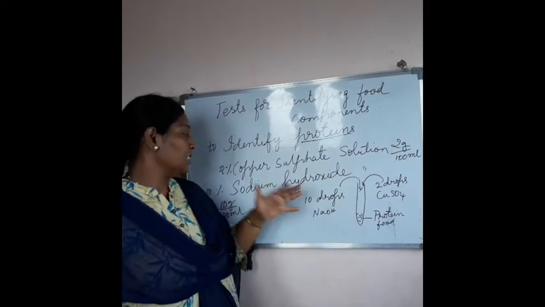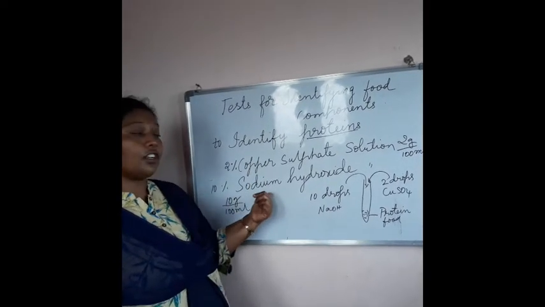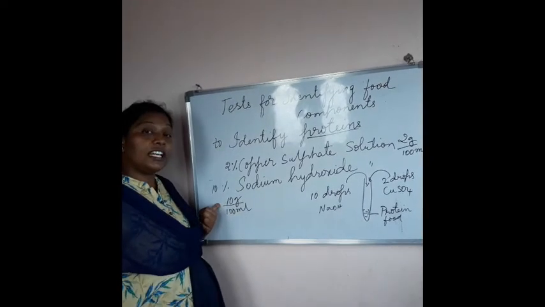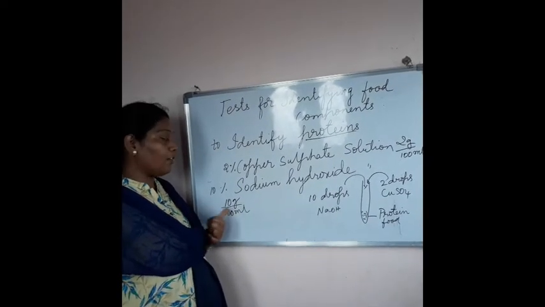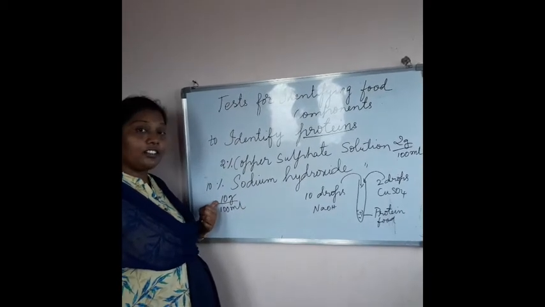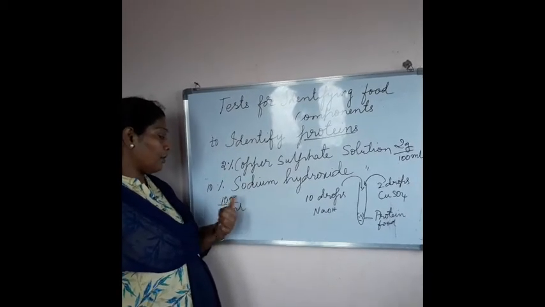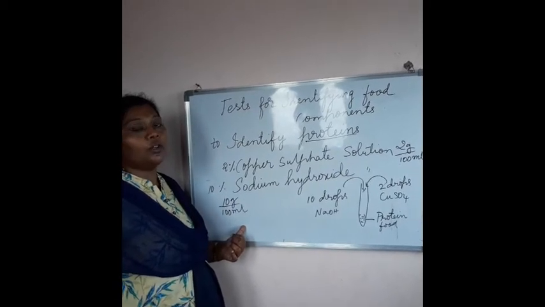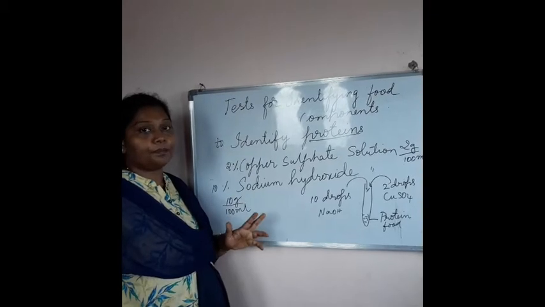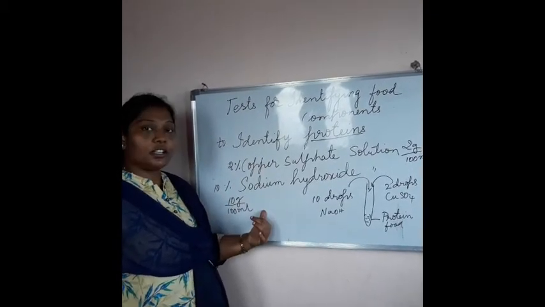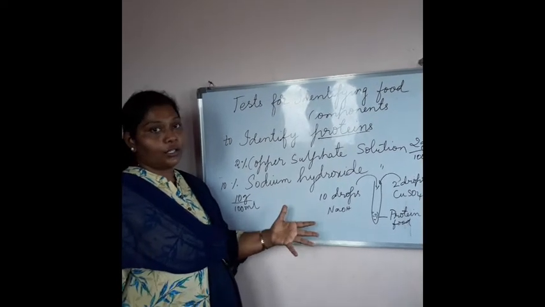Now, 10% sodium hydroxide. What do you have to take? You have to take 10 grams. Measure the sodium hydroxide, which is in pellet form, and add it to 100 ml of water. Then you will get two solutions ready: 2% copper sulfate solution and 10% sodium hydroxide solution.